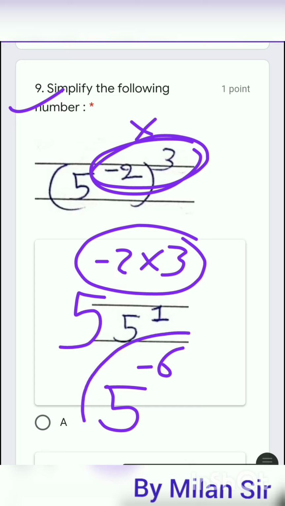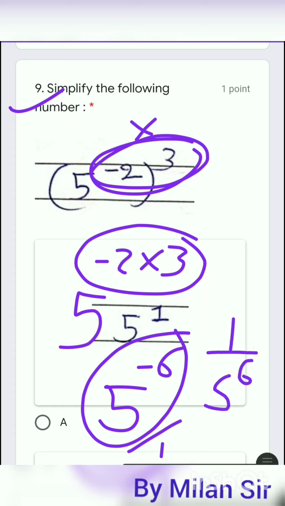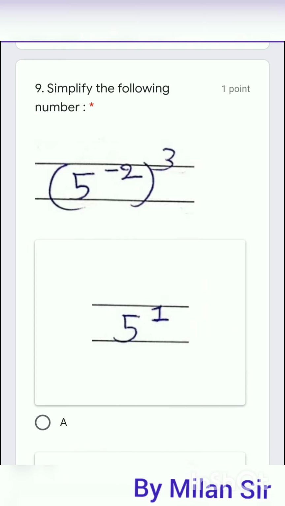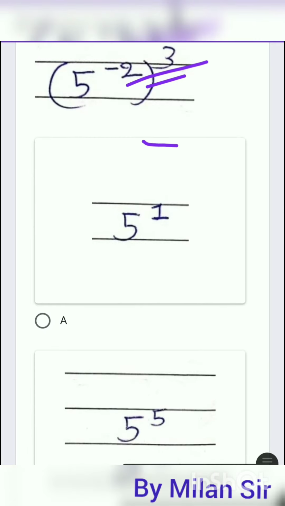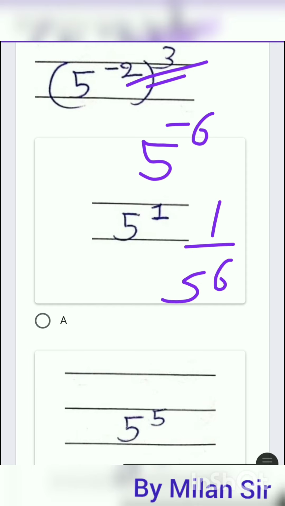Now if we want to convert this exponent into a positive exponent, we need to take the reciprocal. Here nothing is there in the denominator, so 1, so 1 by 5 raised to 6. If we take the reciprocal, then the sign of the exponent changes. So if we want to convert to a positive exponent, we need to take the reciprocal, so it becomes 1 upon 5 raised to 6.